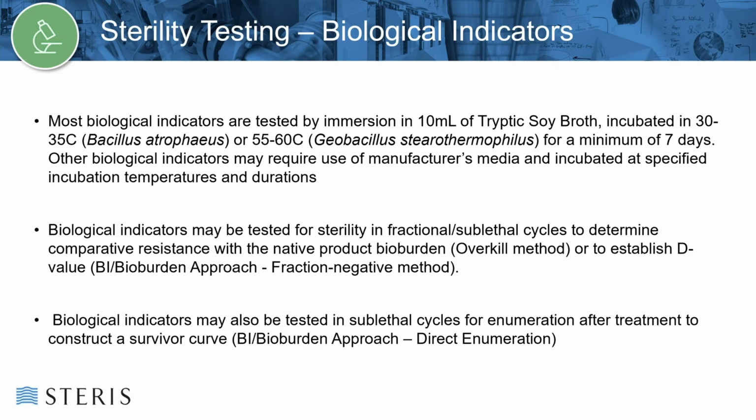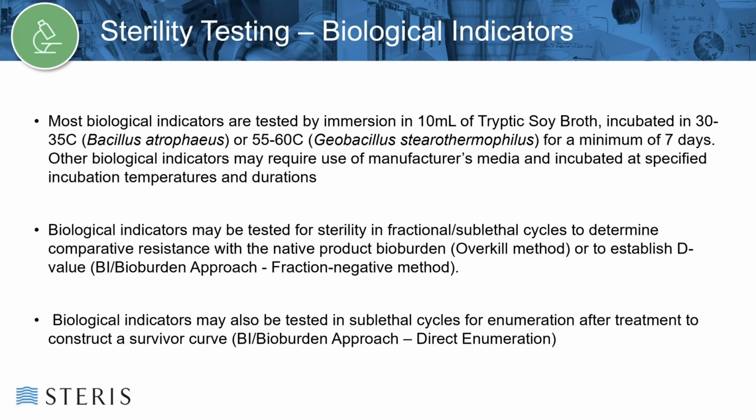Standard spore strip disc biological indicators of both organisms are typically incubated for a minimum of 7 days. There are other types of biological indicators available commercially that require the use of manufacturer's media and may require other incubation temperatures and durations. Biological indicators may be tested as part of routine release of products through validated sterilization processes.